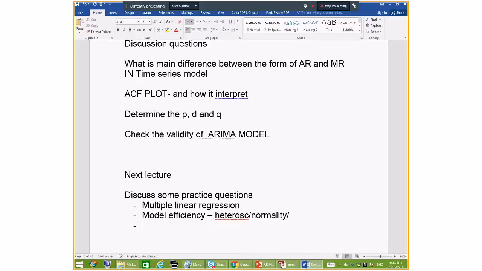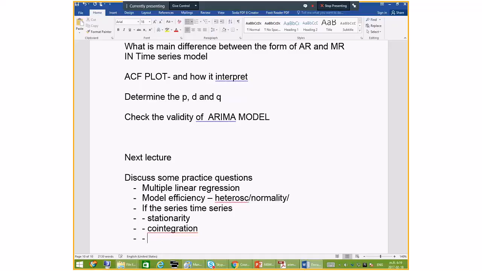Then if the series are time series, then checking stationarity, checking co-integration, checking VAR or vector error correction model, and checking the causality.